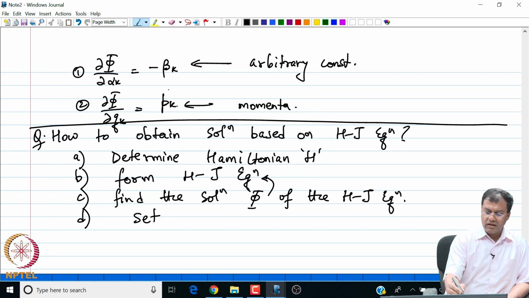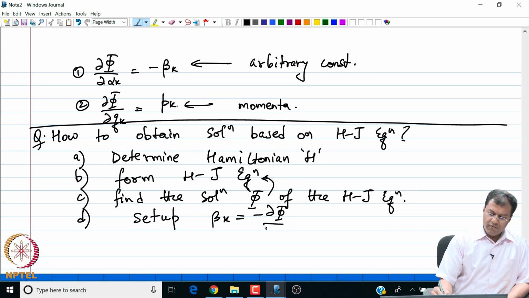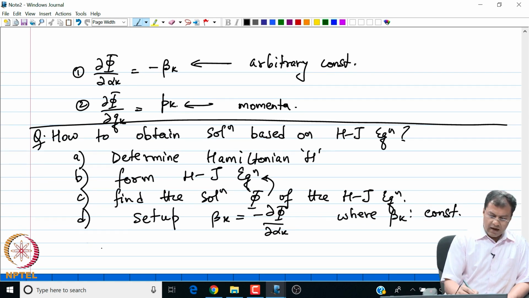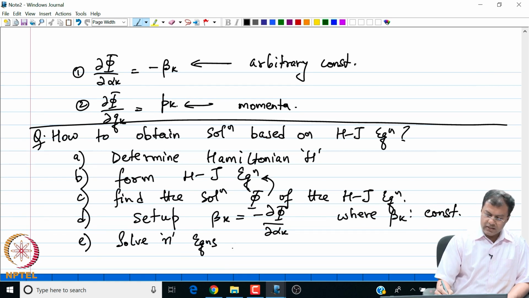Then the fourth step: the moment we know phi, we differentiate phi with respect to the constants and set up these two equations, especially the first equation, beta k is negative del phi del alpha k, where the beta k are arbitrary constants. Finally, we solve for n equations.